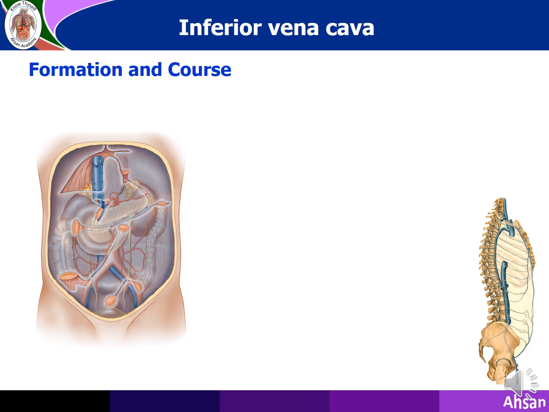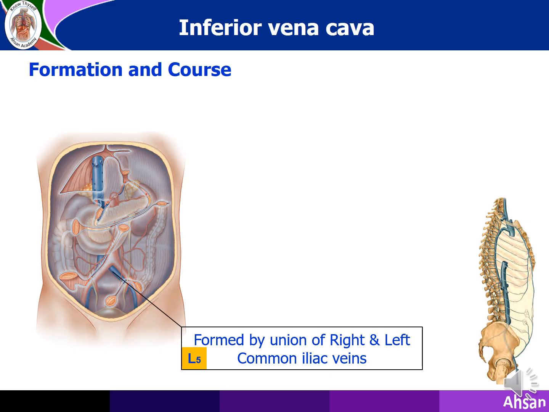Inferior vena cava is the largest vein of the abdominal cavity, and it remains on the posterior wall of the abdomen. This is formed in front of the lumbar 4 vertebral body by the union of right and left common iliac veins. This is the left common iliac, the right is hidden under the artery.